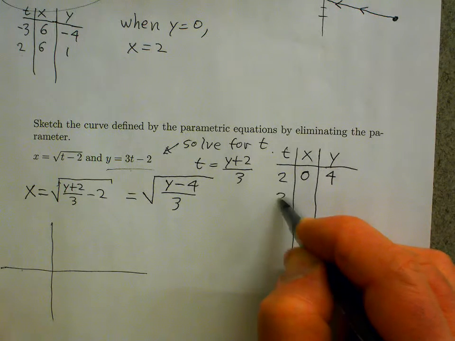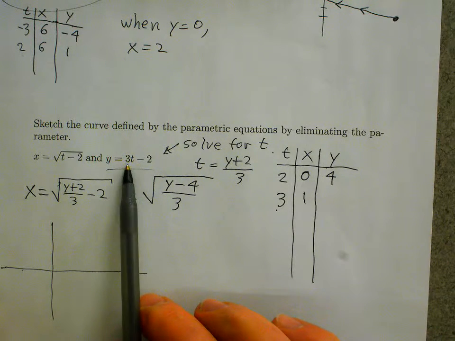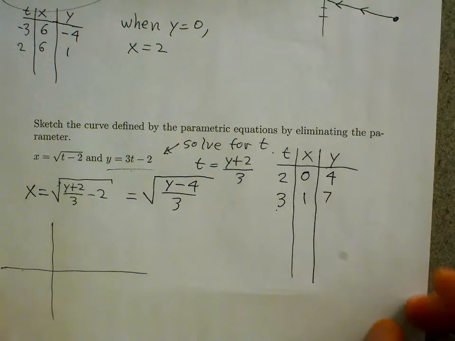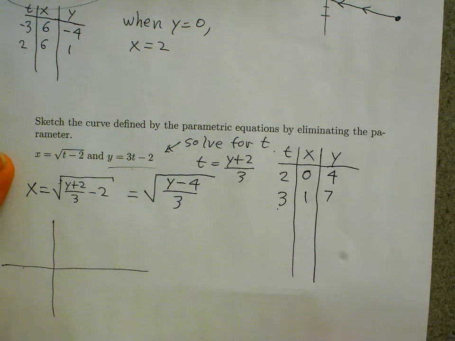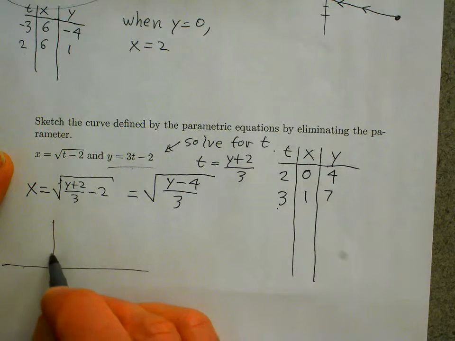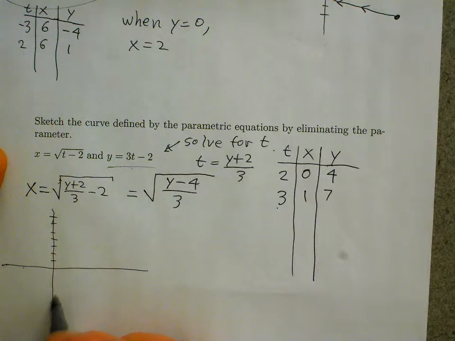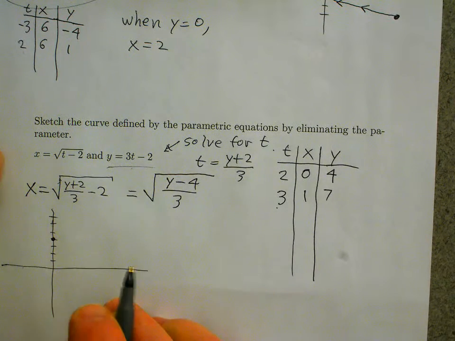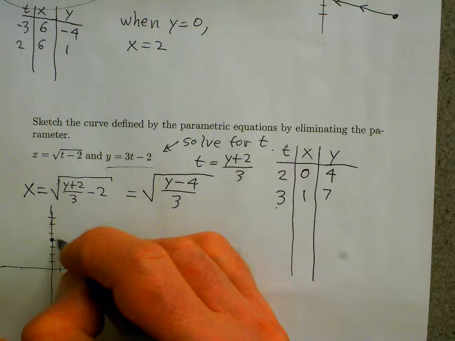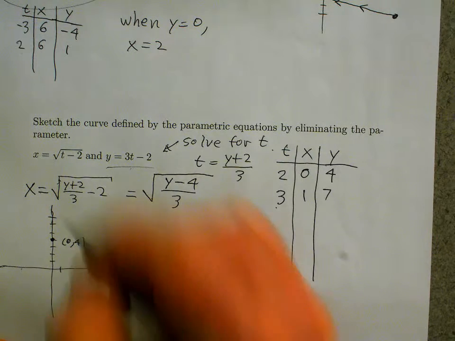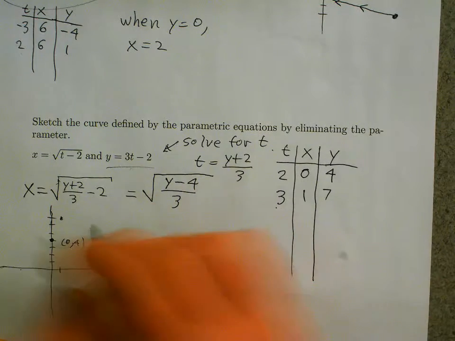And then if we pick t to be 3, square root of 1 is 1, and 9 minus 2 is 7. So the ordered pair 0, 4 is a point, and 1, 7.